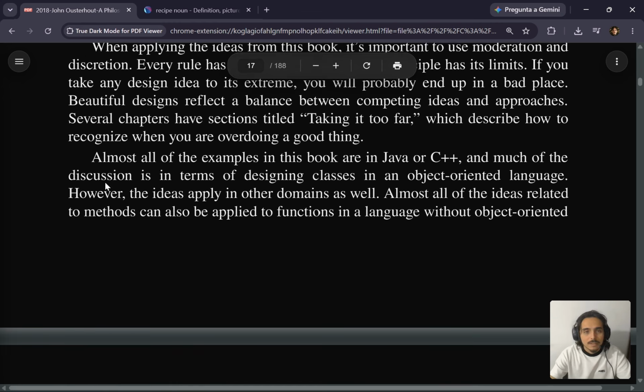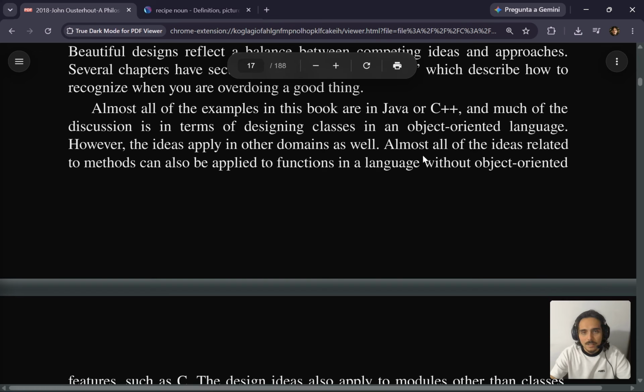It's interesting. Almost all of the examples in this book are in Java or C++, and much of the discussion is in terms of designing classes in an object-oriented language. However, the ideas apply in other domains as well. I think design, in general, is a topic about engineering. So in this case, we are going to see how design works or should work in software engineering.